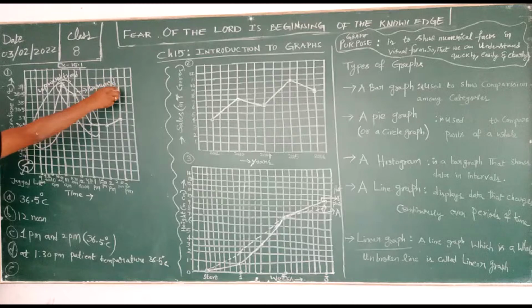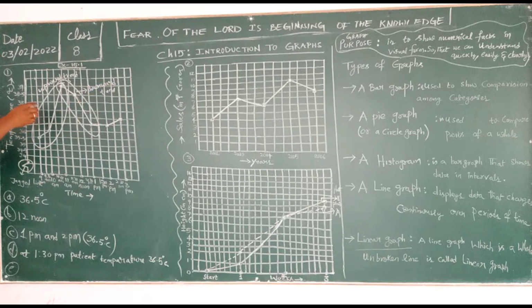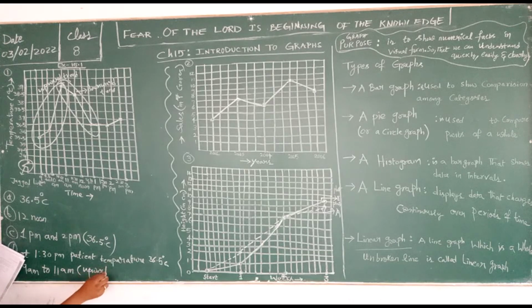Okay. So now the upward trend, which is the timing? 9 a.m. to 11 a.m. So now write 9 a.m. to 11 a.m. This is your upward trend. So you can write that so that it is simple.